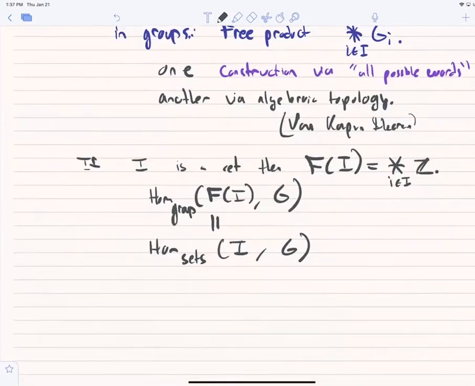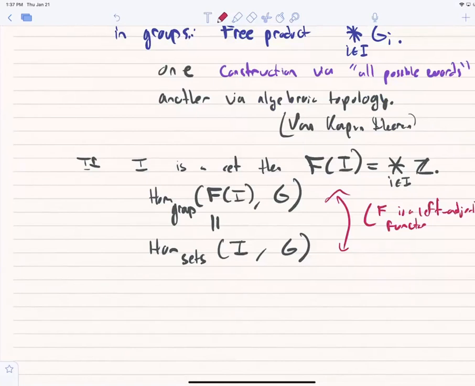And let me point out, this relation has a name. F is a left adjoint functor. I don't want to get into that if that's not language you know, but if you know something about adjoint functors, then this is a useful thing to remember.